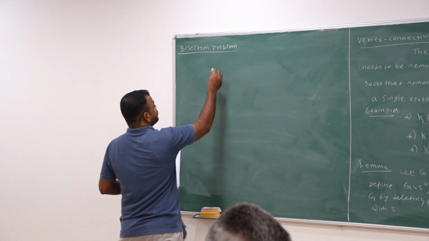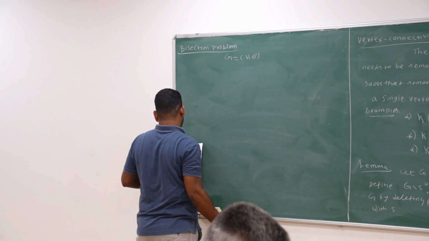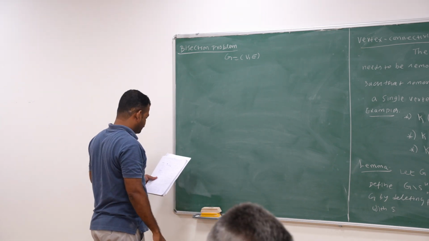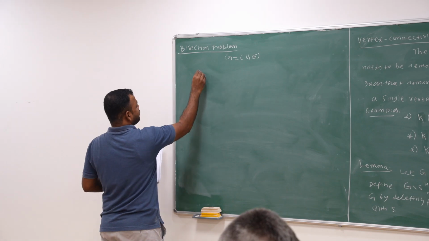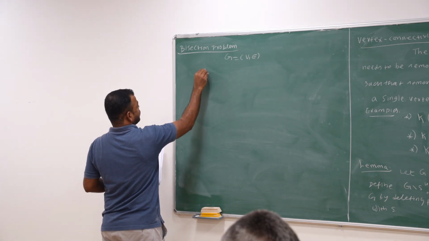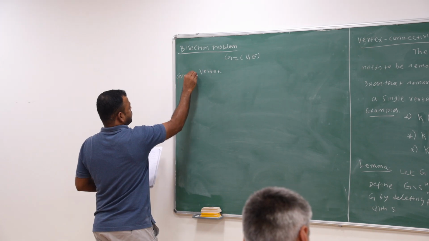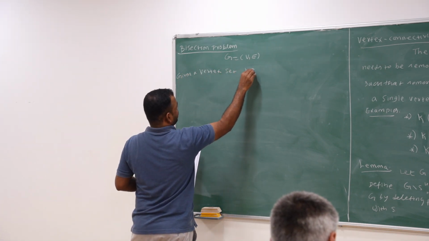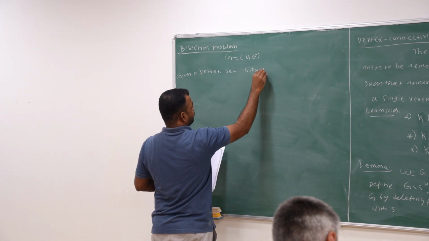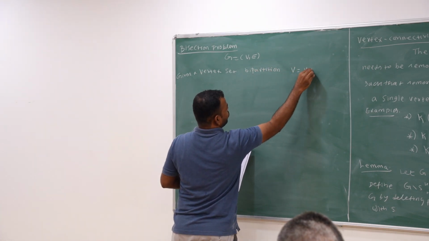Our setup is G is a simple graph, and you are given a partition of the vertex set, say V equal to V1 union V2.